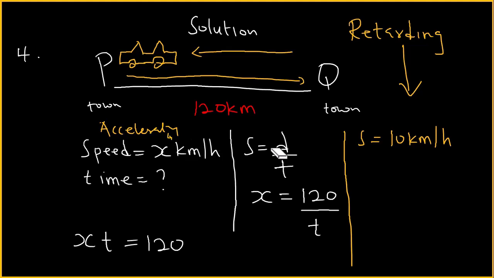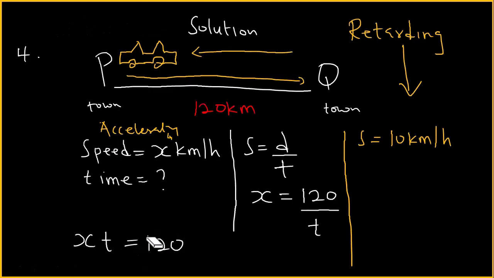Now retardation, which is moving backwards, would be negative, right? So comparing the speed, x times t is equal to 120. So which is the equation over here? Comparing the speed, the acceleration with the retardation.